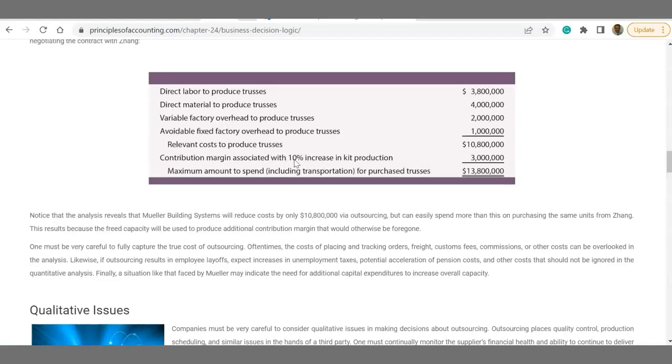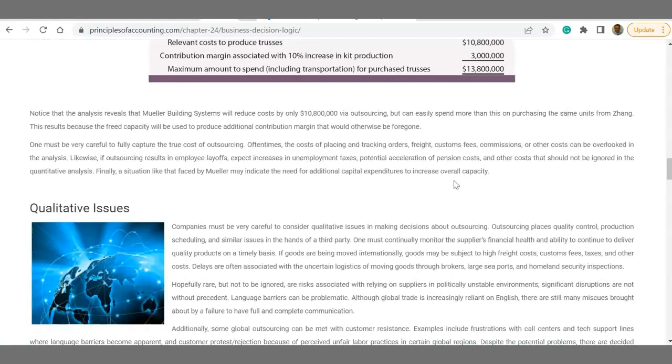That's 3 million. So the maximum amount to spend, including transportation for purchased trusses, is 13.8 million. They're not going to just go with that, but they want to spend less than this. So this is the maximum, but obviously they want to spend less.